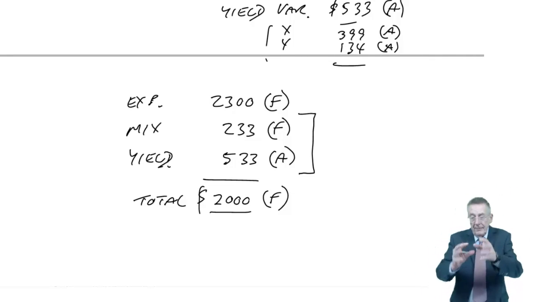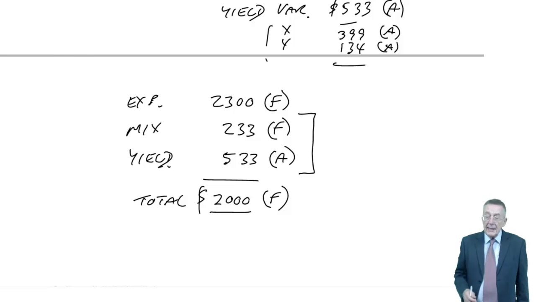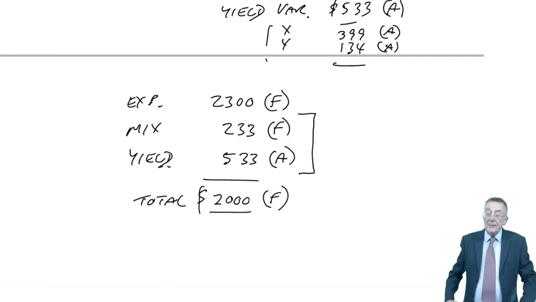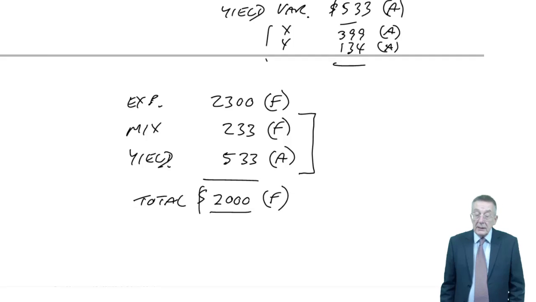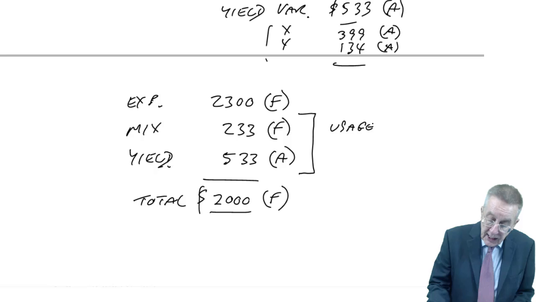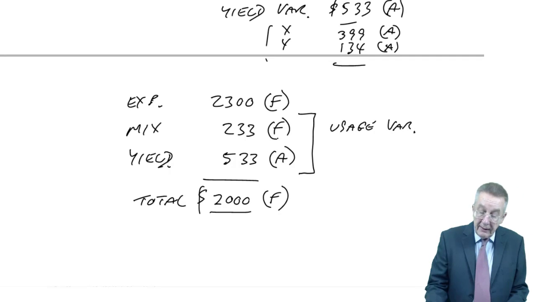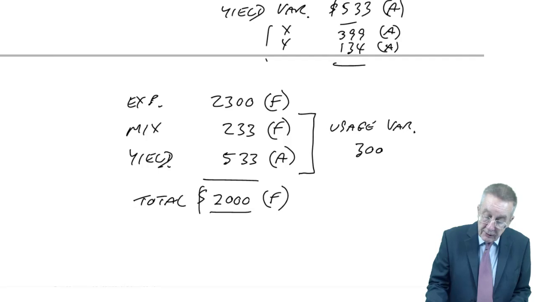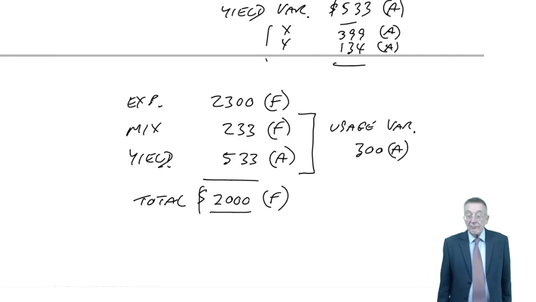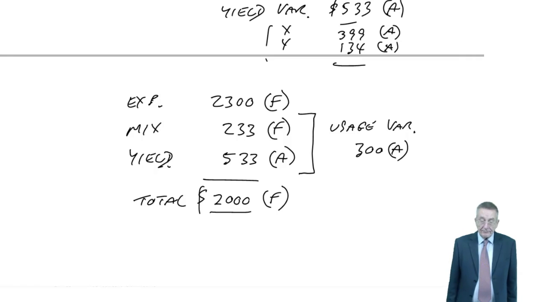They're both ways in which we've used it wrongly. And although you can calculate it separately, you never would be required to. If there's ever mention of usage variance, it's those two together. 533 adverse, 233 favourable, it's 300 adverse. So nothing to worry about there.